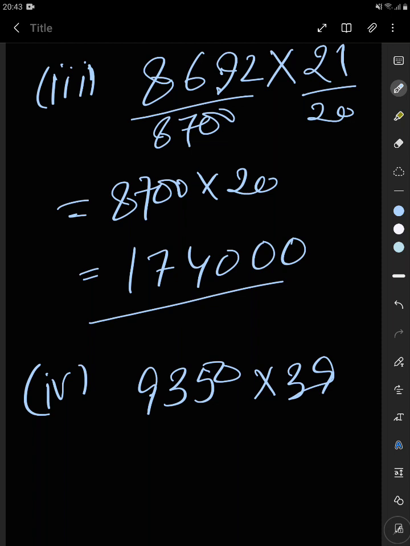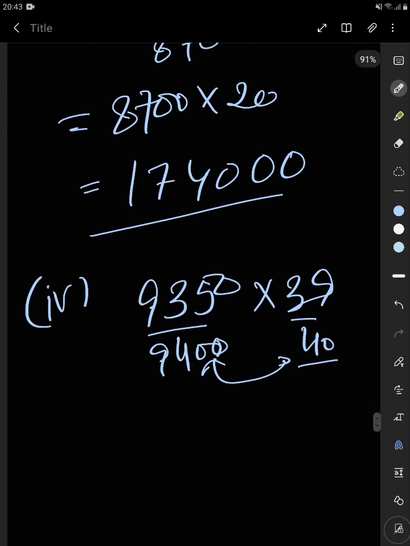Earlier we took this as 9000, and instead of this we took the closer number here. So if you consider this as 9400 and this one as 40 and multiply both, this will be treated as the correct answer.